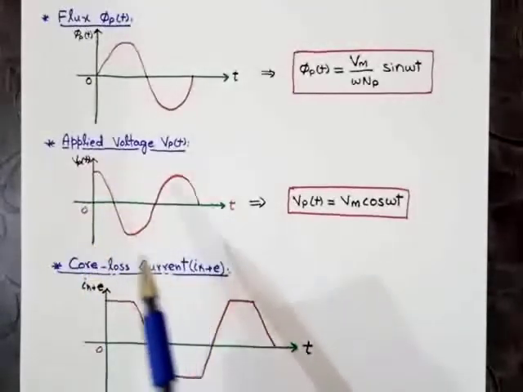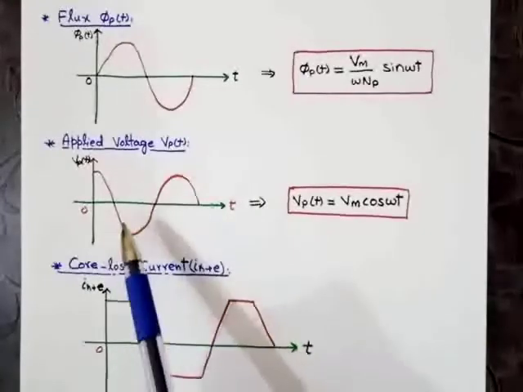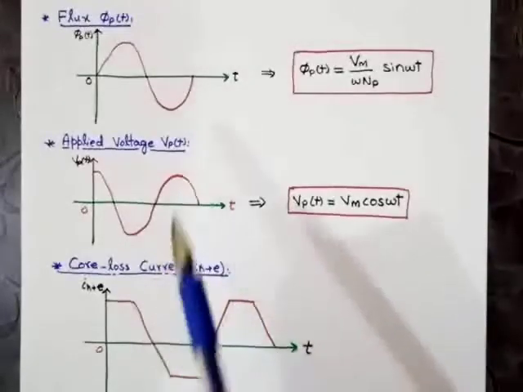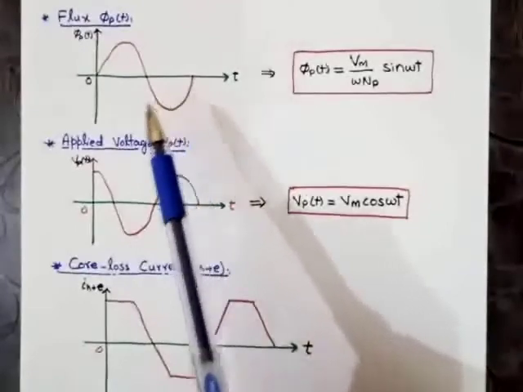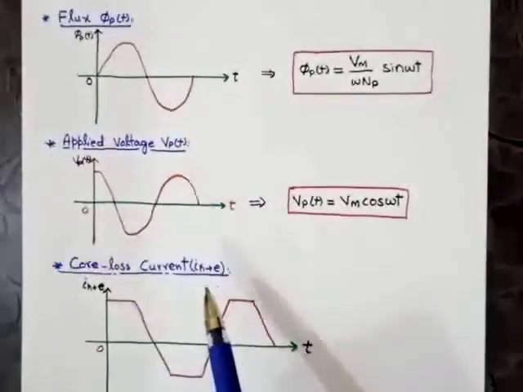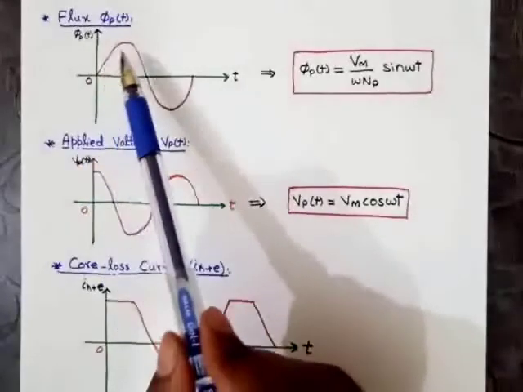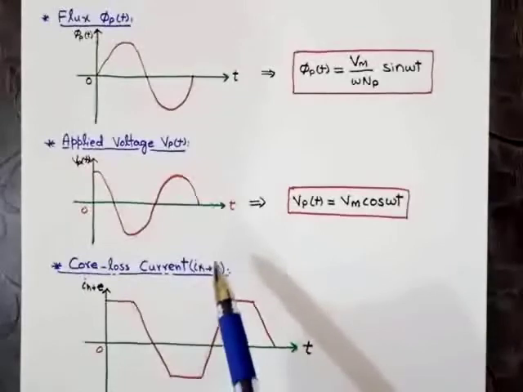When the applied voltage is minimum, the hysteresis losses will be minimum. The eddy current losses are directly proportional to the flux. When the flux is 0, the eddy current losses will be 0. When the flux is maximum, the eddy current losses will be maximum.